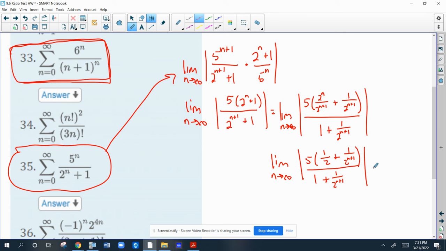Now when we apply the limit as n goes to infinity, we have 5 times 1/2 plus 0 over 1 plus 0, which is 1. So this equals 5/2, which is greater than 1. So this diverges.